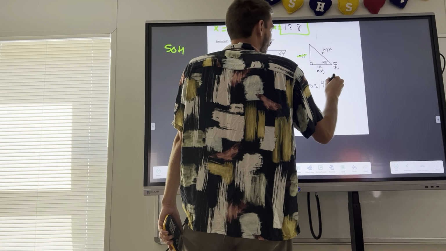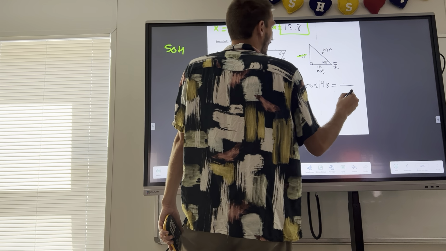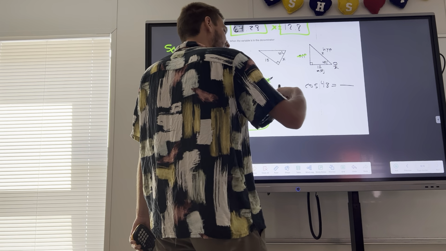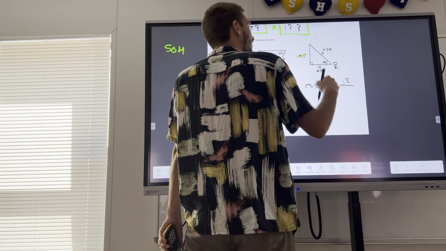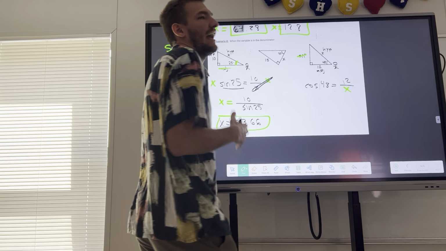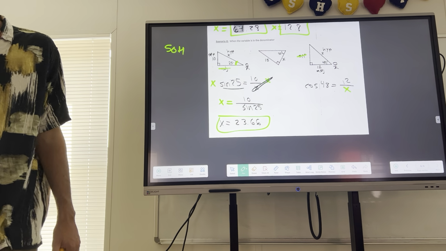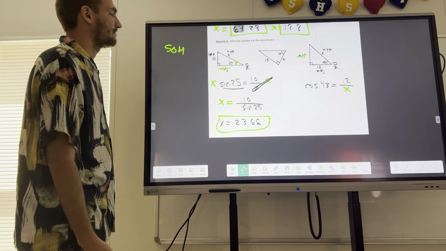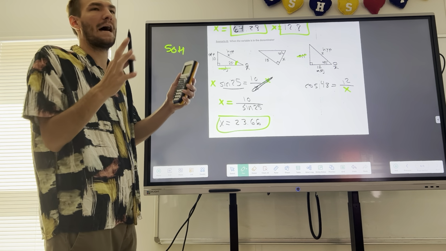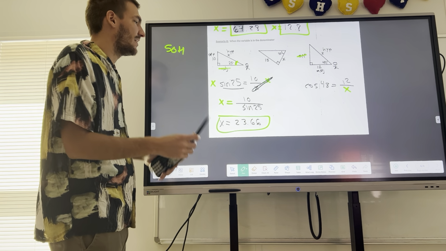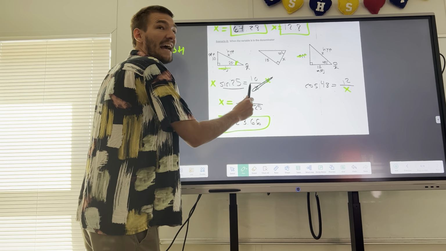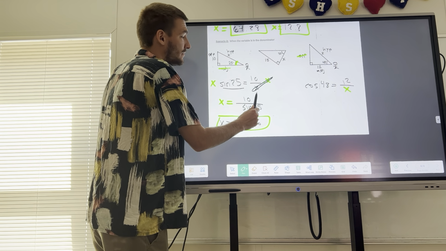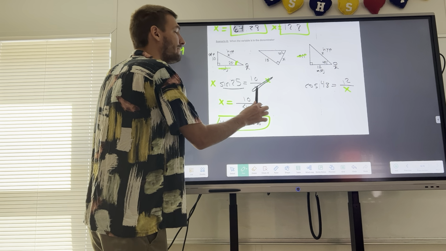Cosine of 48 is equal to a fraction, adjacent 12, hypotenuse X. And then you go, dang it, X in the denominator, ugh. Now think about what happened just for a second. We started off with the X in the bottom. What ended up in the bottom?